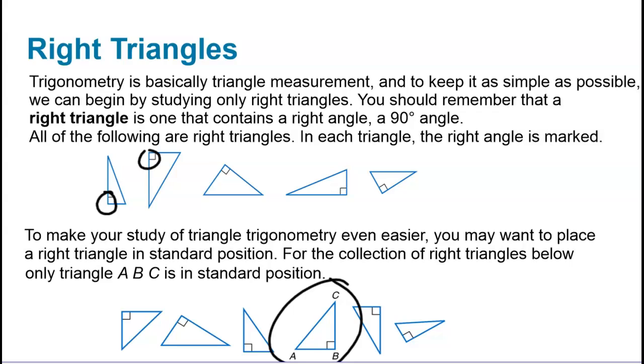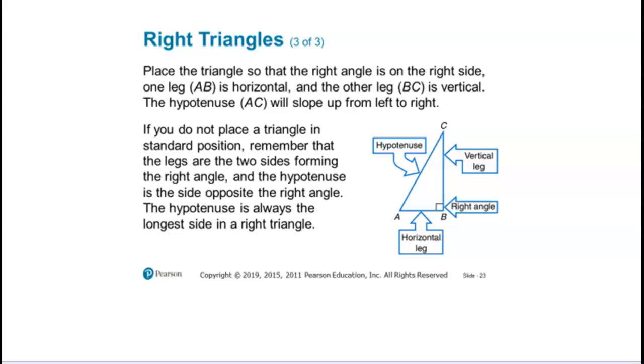You don't have to turn it in this way, but just remember that the 90-degree angle is in the lower right, and the hypotenuse is the line opposite from the 90-degree angle, and it is put on the left-hand side, going up from left to right. And then you can label your sides, and the sides are with lowercase letters as either a or b.